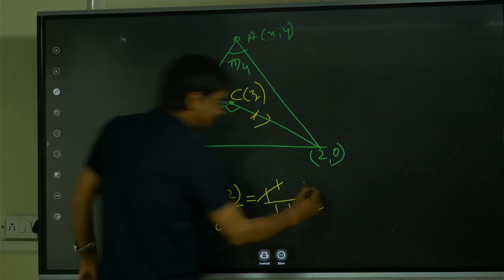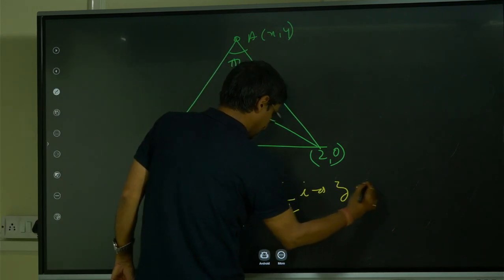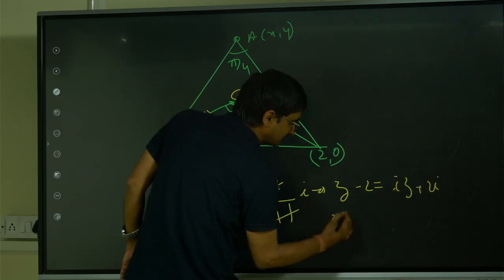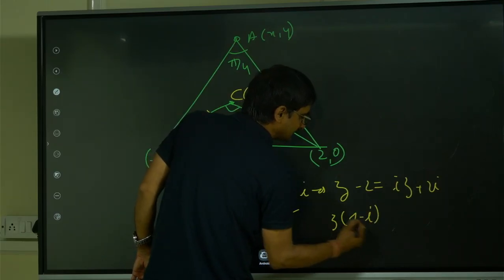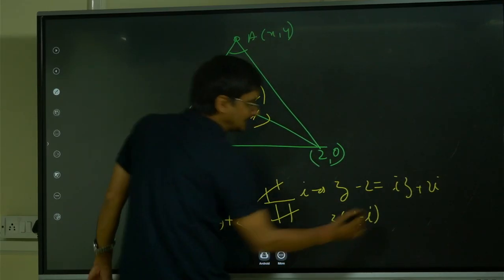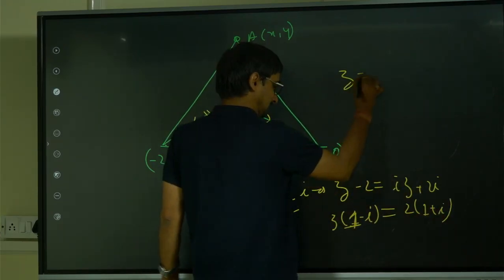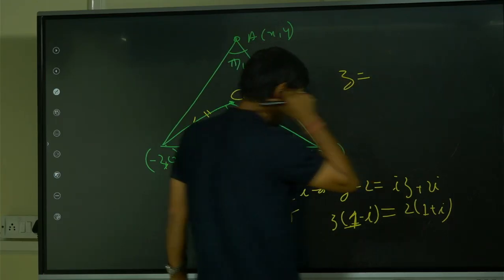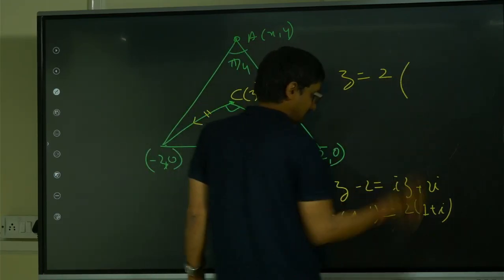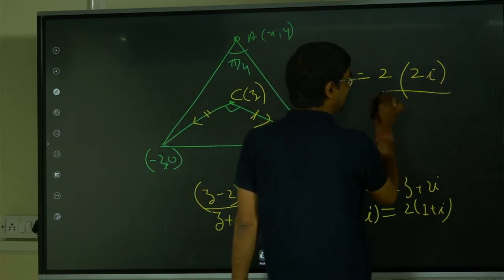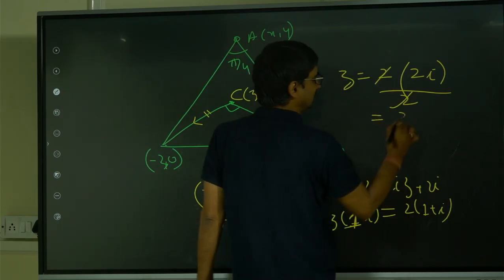So what is z here? z minus 2 is equal to iota times z plus 2 iota. So z is 2 times (1 minus iota) upon (1 plus iota), and simplifying it, 1 plus iota square gone, 2 iota upon 2, so it's 2 iota.